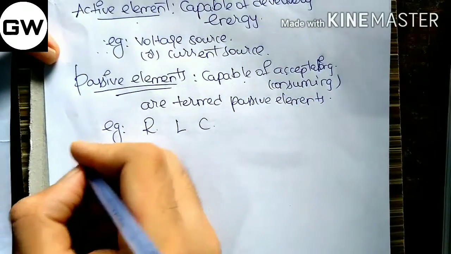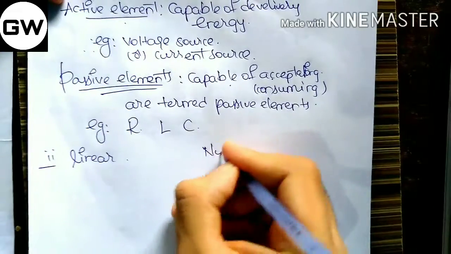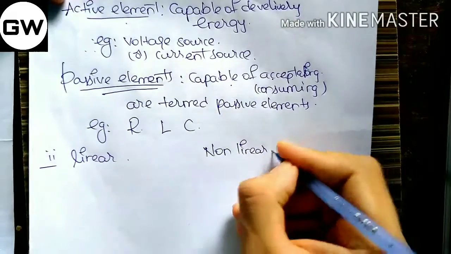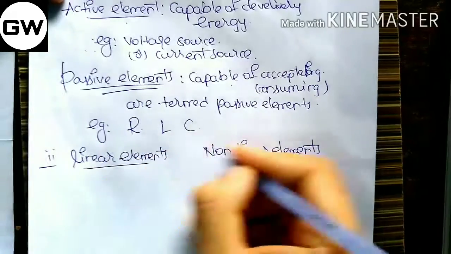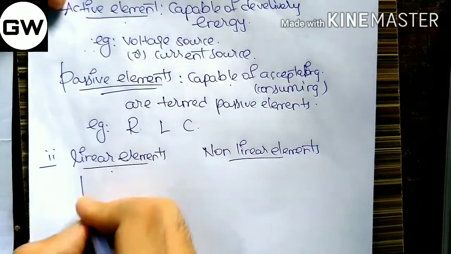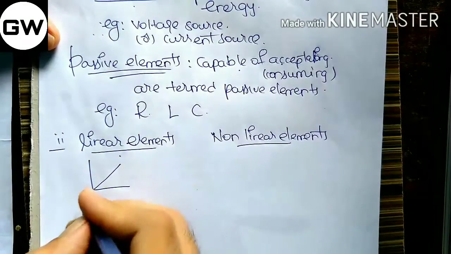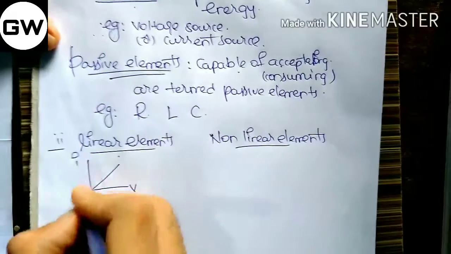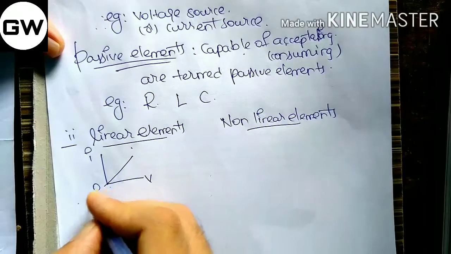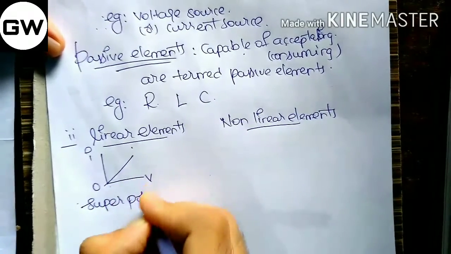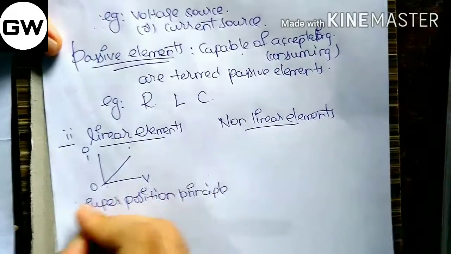Now the second category, linear elements and non-linear elements. Elements are said to be linear if the VI characteristic is a straight line passing through the origin, and it also satisfies two conditions: it obeys the superposition principle as well as the principle of homogeneity.